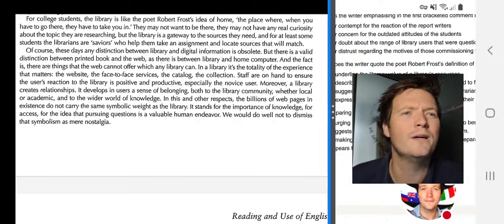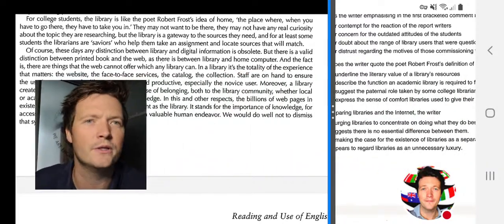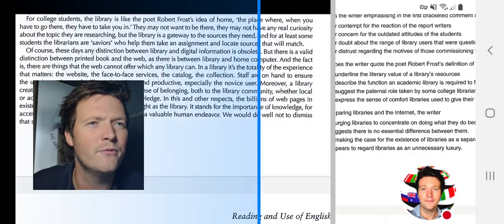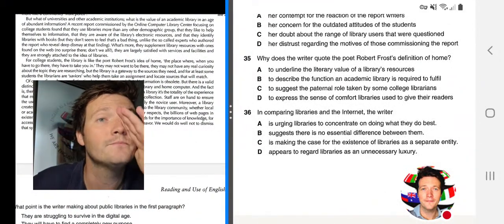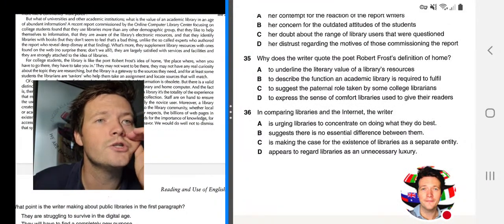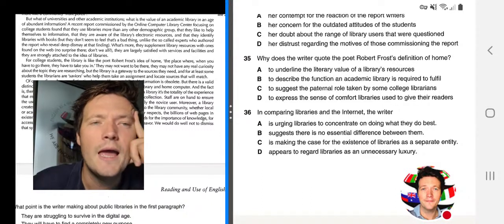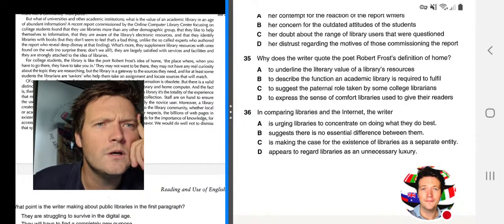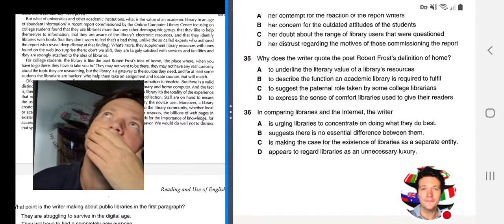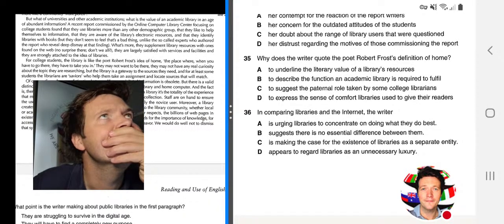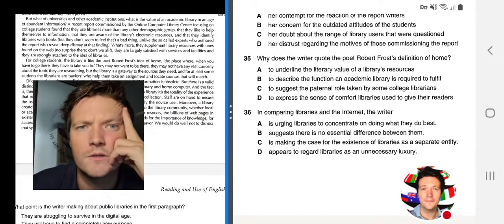But why does she quote that? I need to look at the options here. I can't really imagine what the possible answers are going to be. So 35. Why does she quote Robert Frost? Okay. A, to underline the literary value of a library's resources. I don't think so.